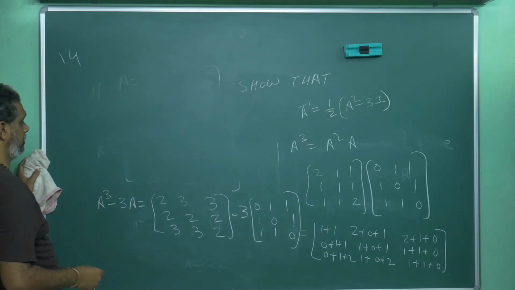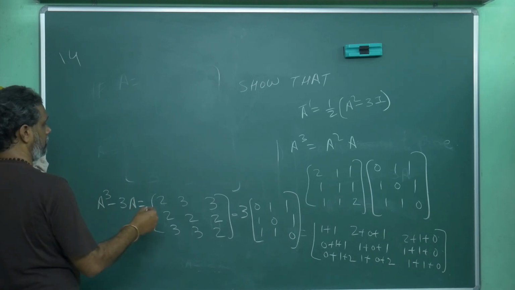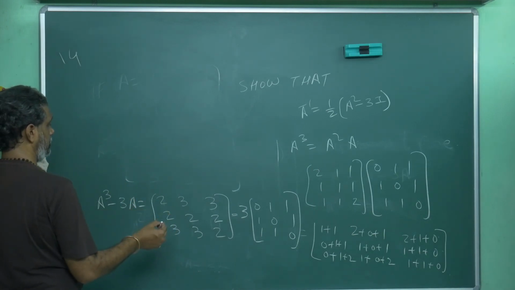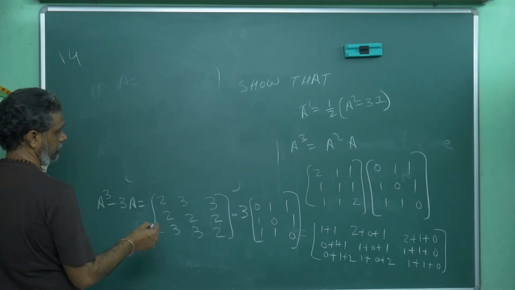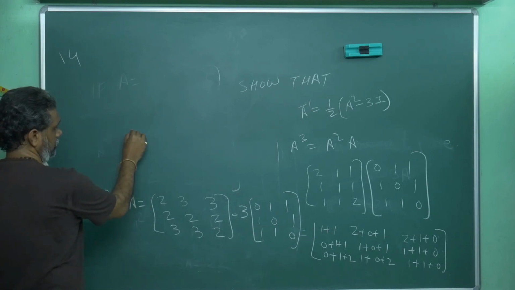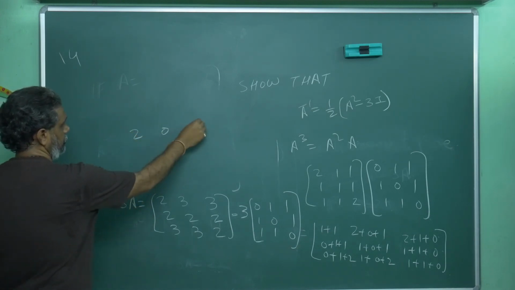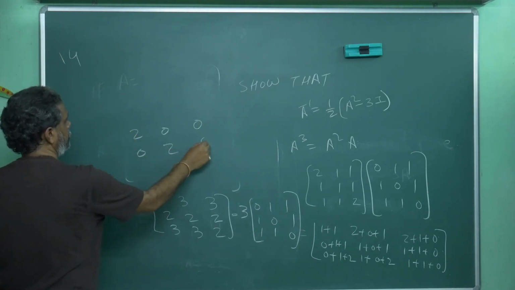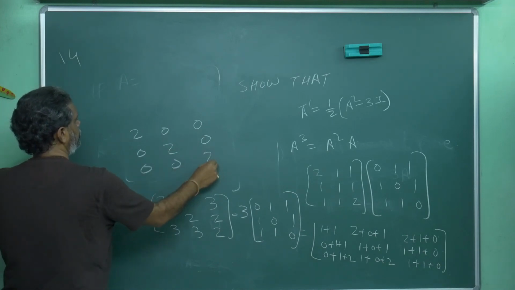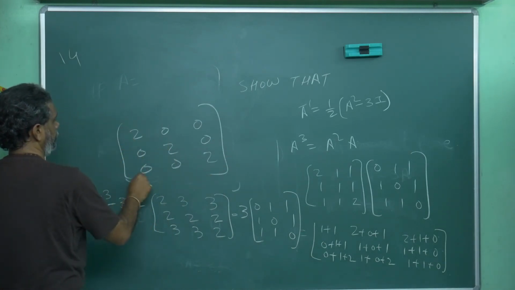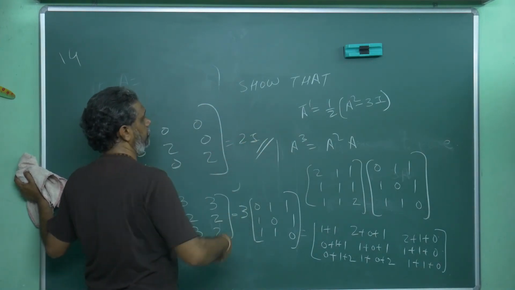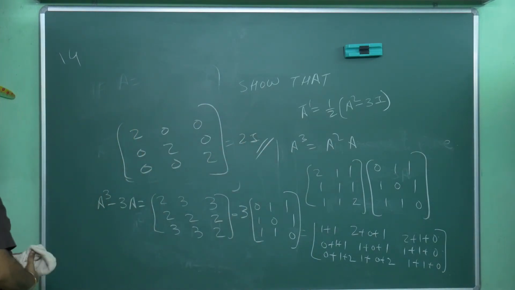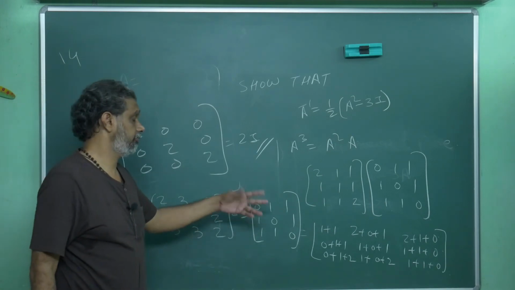A cube minus 3A gives 2 0 0, 0 2 0, 0 0 2. Proved. Sorry, 3 into 0, so I'm confusing you.